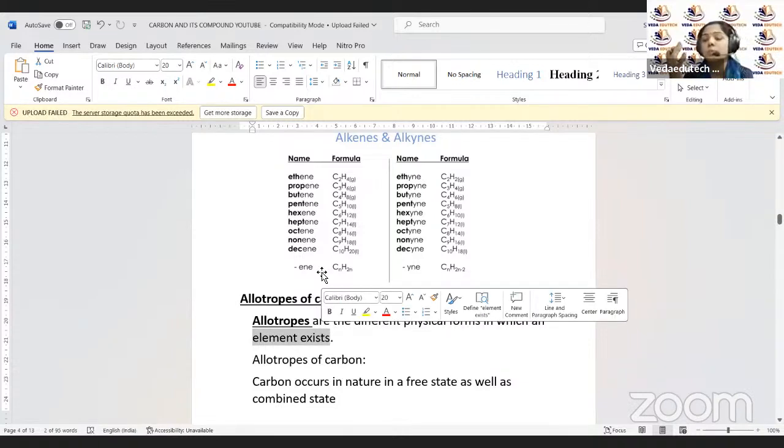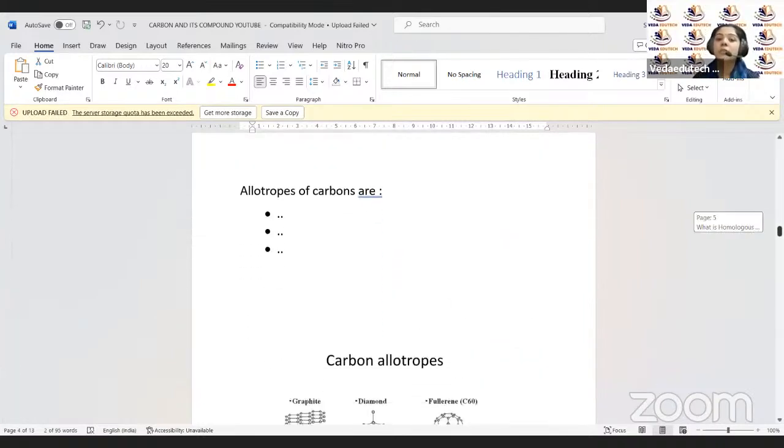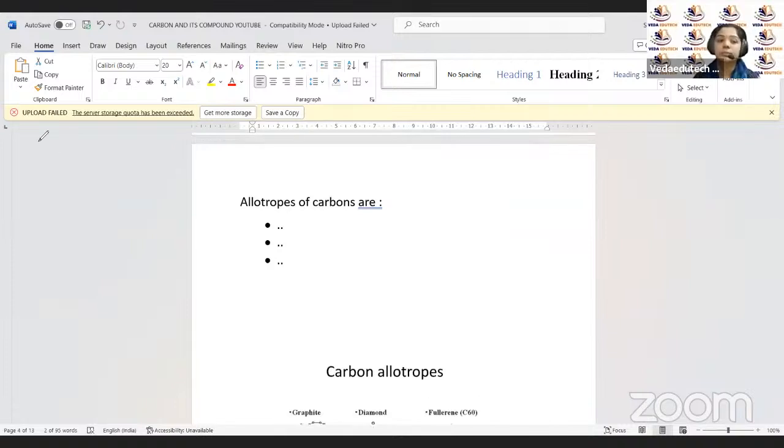So we can see allotropes of phosphorus, and we can see allotropes of carbon. Right now I'm talking about allotropes of carbon. As said, carbon occurs in nature in a free state as well as in a combined state. Now we have 3 allotropes of carbon.